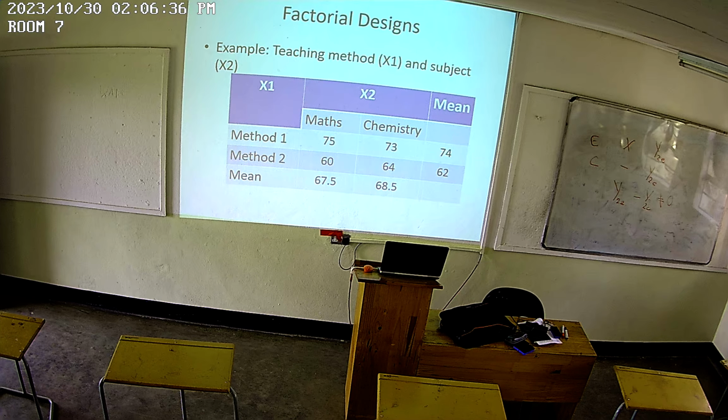But that teacher can also be included in the experiment. So, apart from having the subject and the method, you could also have teacher 1 and teacher 2 and see whether they are interacting effectively. That was a good question. Another question?